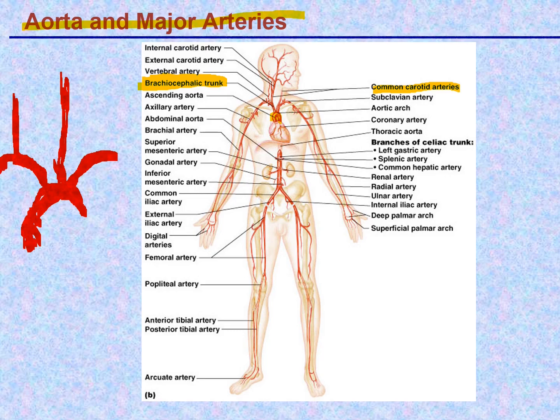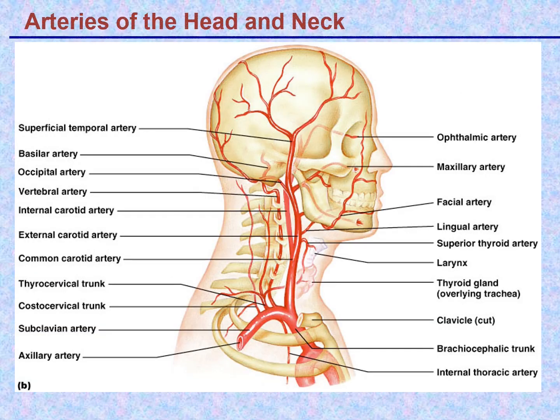And that's not that clear here. Let's see if we can see a better one. Here's a side view, and it's the left side, so it's the left common carotid artery. There's the left subclavian artery. There's the brachiocephalic. Is this the... No, this is the right side.